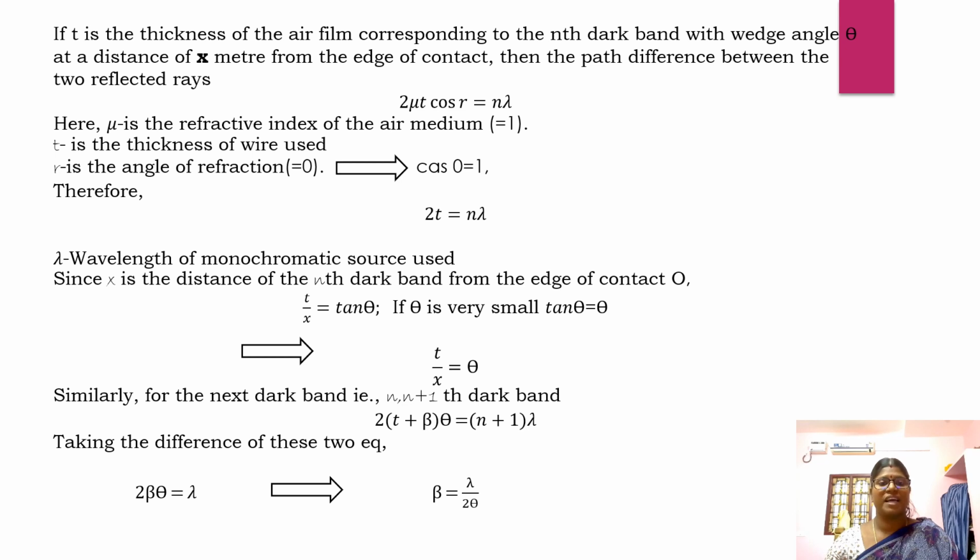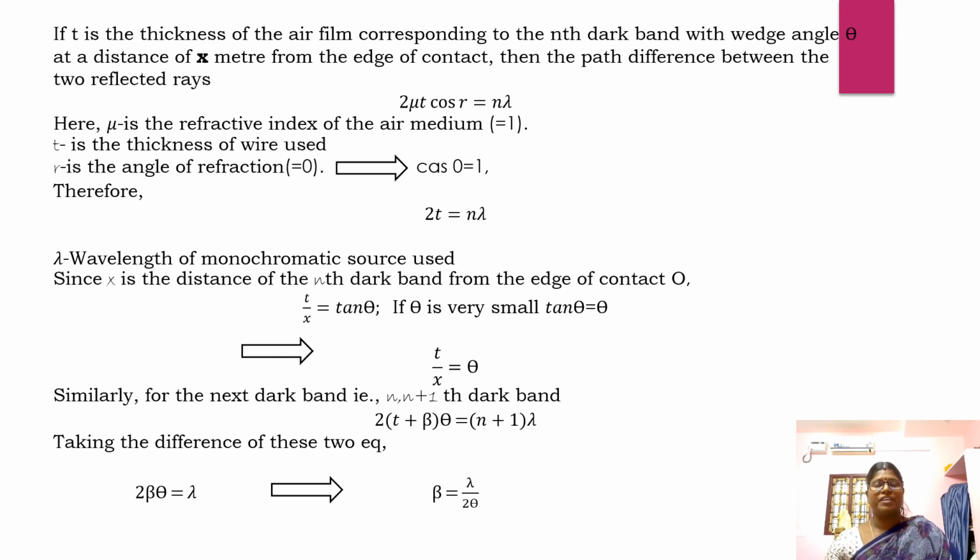From the previous slide, we can locate the nth dark band that is located at a distance of x meter from the point of contact O of the glass plates. The wedge angle is the small angle formed between these two glass plates, represented as theta.